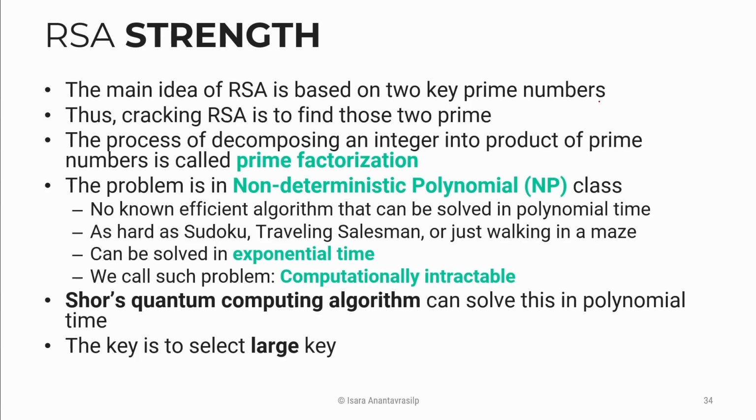Anyhow, even though we cannot solve this using our current technology, we might be able to solve it using a quantum computer. One of the leading algorithms is Shor's quantum computing algorithm. It is proven that, using Shor's quantum algorithm, the problem of prime factorization can be solved in P time, or polynomial time. You could ask me what quantum computing would help.